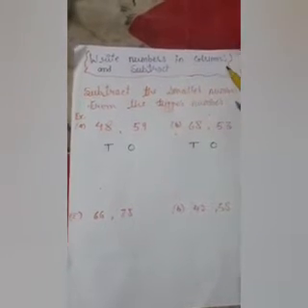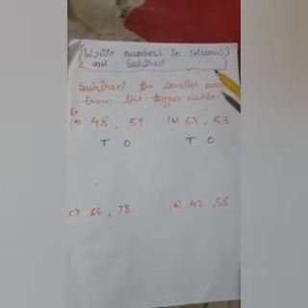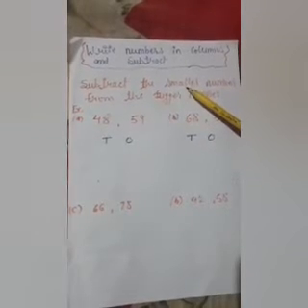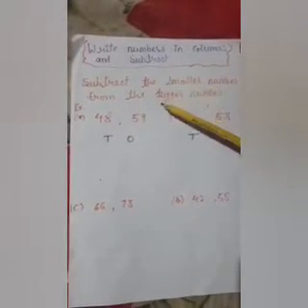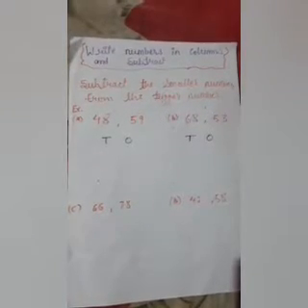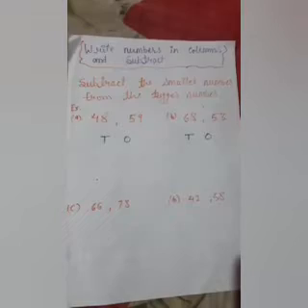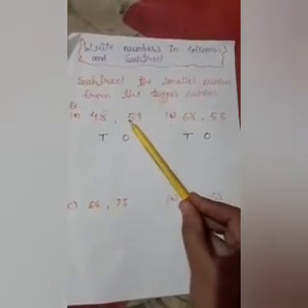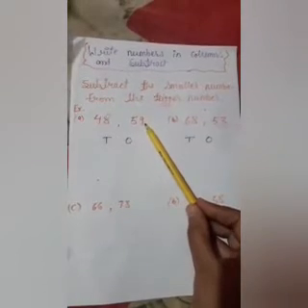Next topic is write numbers in columns and subtract. Now we have to learn how to write the numbers in columns and subtract. We subtract the smaller number from the bigger number. In the previous lesson we learned how to find the bigger and smaller number from the tens place or ones place.